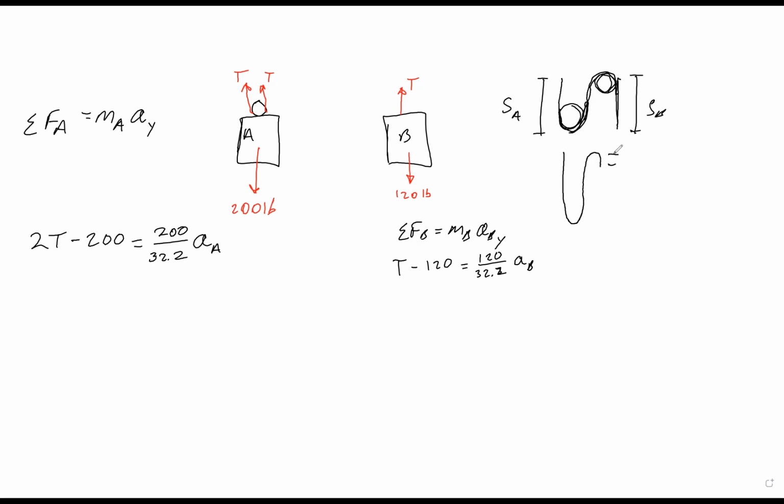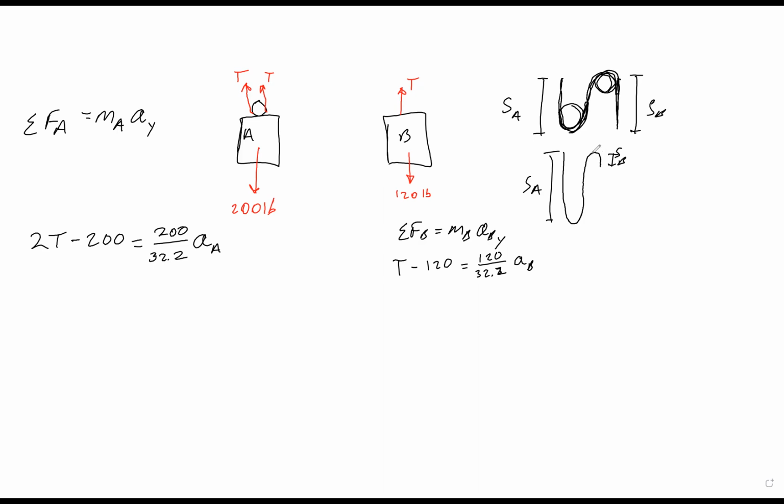B could be only this long and A could be much longer, right? So that's why we have to distinguish between the two lengths. Well, there is a full length of the rope. So as A goes down and B comes up, the rope doesn't change length.